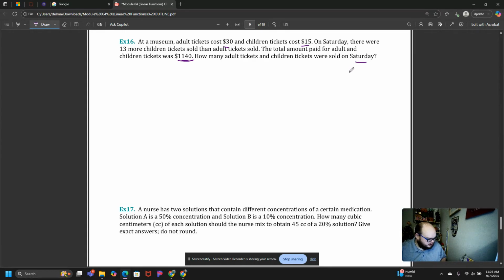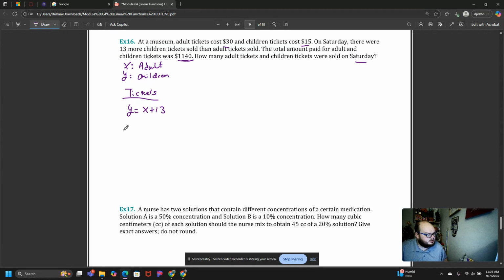So we're going to look at this as a system of equations. I'm going to let x denote adult tickets and y denote children's tickets. For the tickets themselves, we know there are 13 more children's tickets sold than adult tickets.